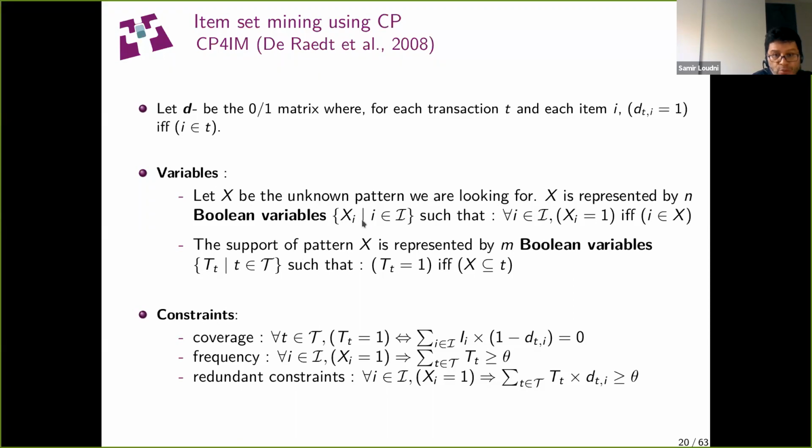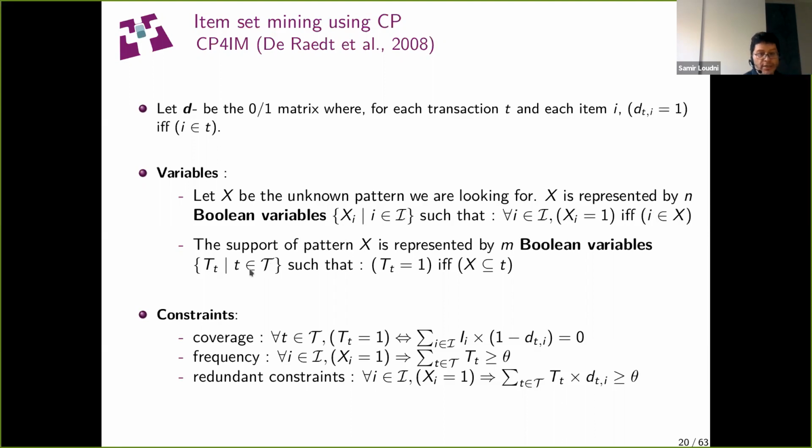So for each item, we introduce one Boolean variable xi to represent the presence of items in the item set. So xi is equal to 1 if and only if item i is present in the item set X.